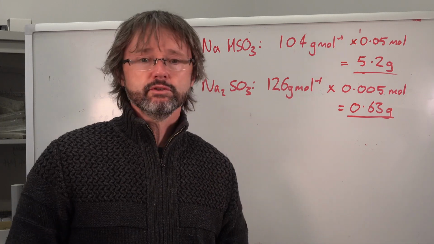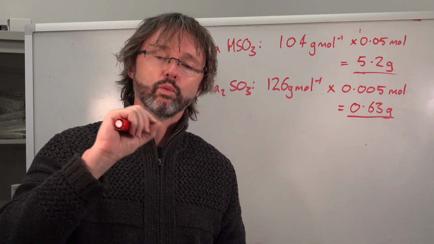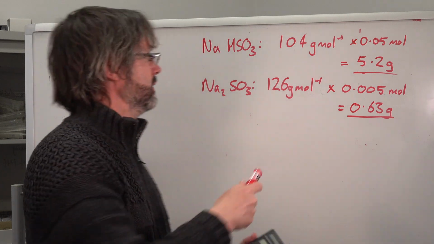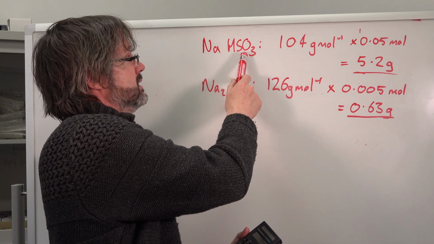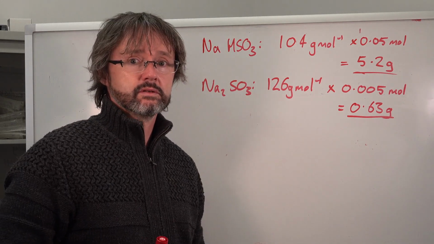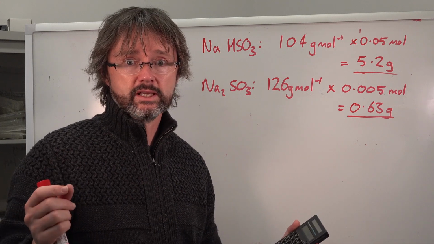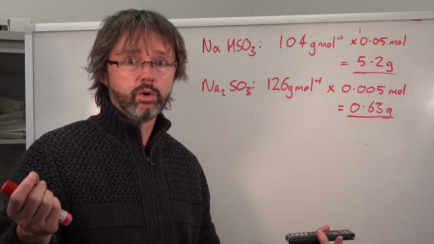And the reason for using moles especially means that we can take what we know about the atoms in this compound. We've got a sodium atom, hydrogen, sulfur atom, and 3 oxygen atoms. We know how much each of those atoms weighs individually, and we just multiply it by the Avogadro number to get our molar mass.